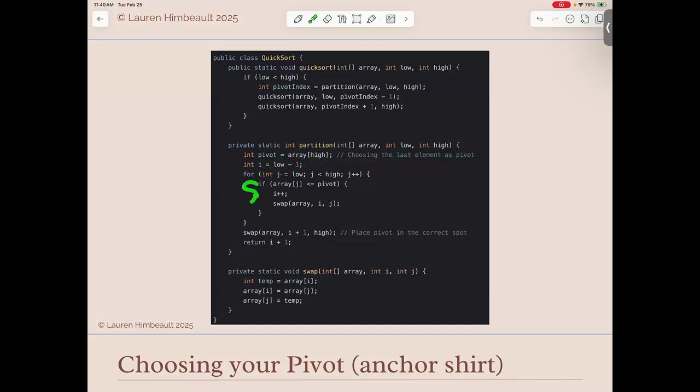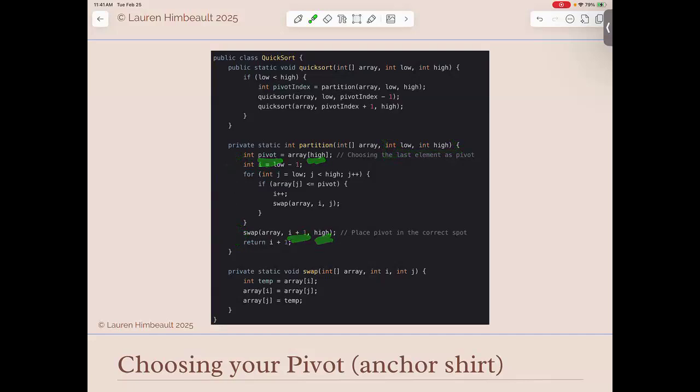And then we can do our swaps. We do our swap if the current element is less than or equal to pivot. We increase i and we do a swap. And I actually will show this with numbers in just a minute. So we do that all the way through the entire range in our array. And then at the end, we swap our pivot value, which was at array high, into the middle.